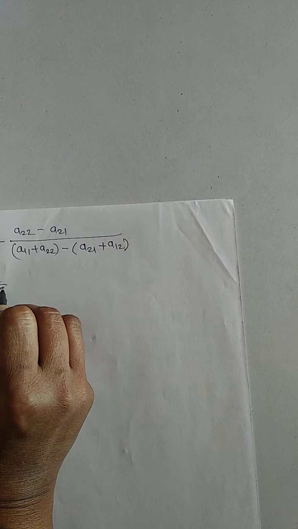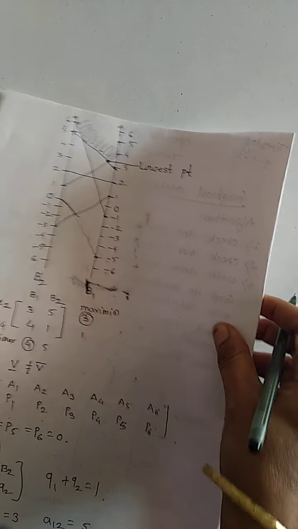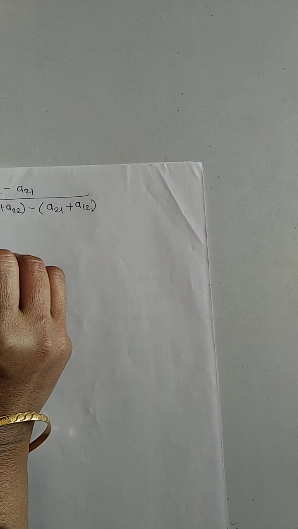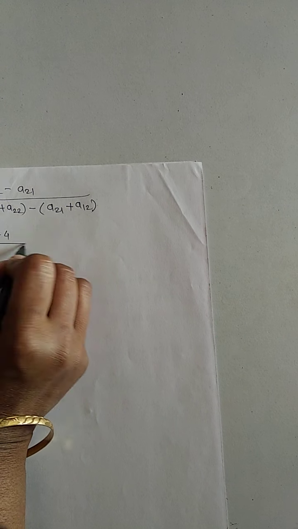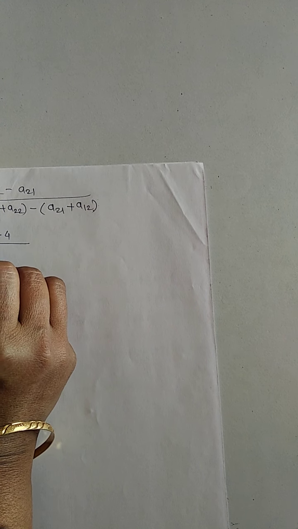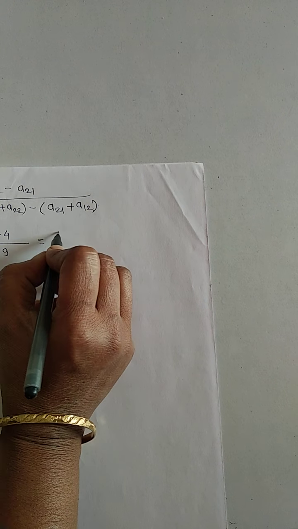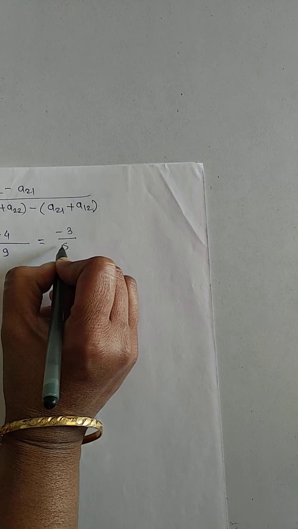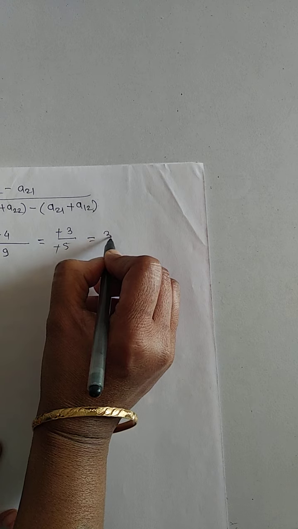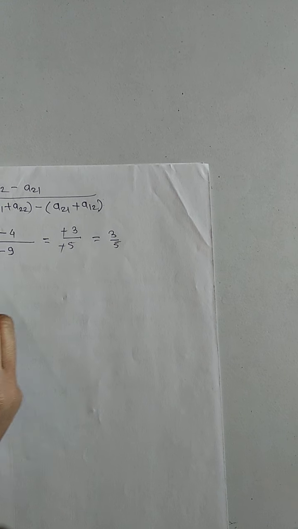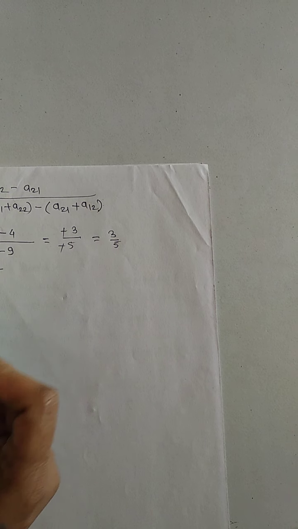Here A22 is equal to 1, A21 is equal to 4, and the addition of these is 4 minus 9. That is equal to minus 3 by minus 5, and the minus signs cancel, that is equal to 3 by 5. Means here P2 is equal to 3 by 5.